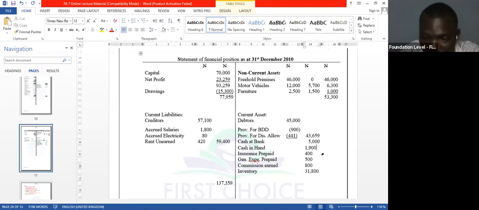That is 3,659 plus 5,000 plus 19 plus 400 plus 500 plus 800 plus 3,100, which is 4,059. Now 4,059 plus 53,300 gives the total value of 137,359, which is the same as what we have on the debit side. So it means our account balances and we are good to go. That's what we expect to do.